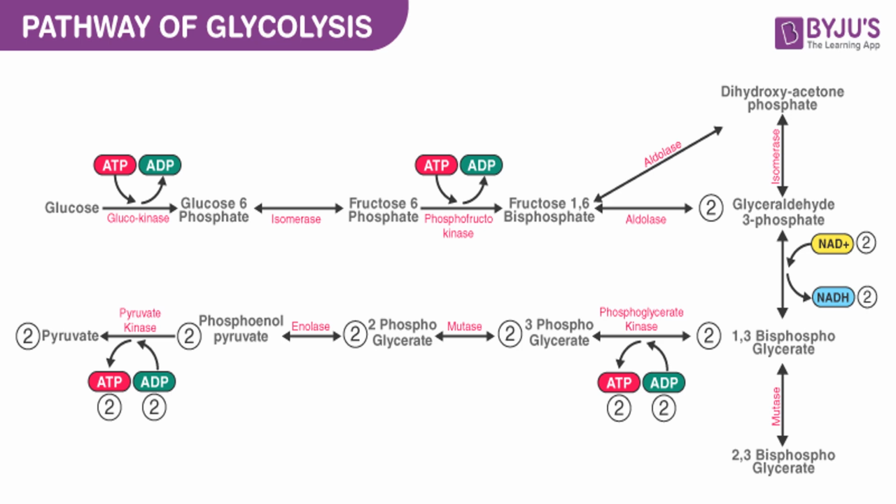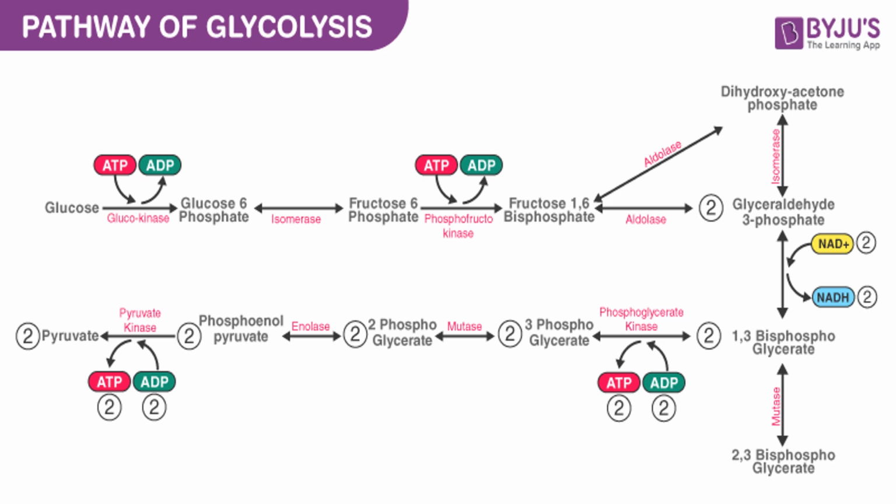phosphoglucomutase. Stage 3. The other ATP molecule transfers a phosphate group to fructose 6-phosphate and converts it into fructose 1,6-bisphosphate by the action of the enzyme phosphofructokinase.